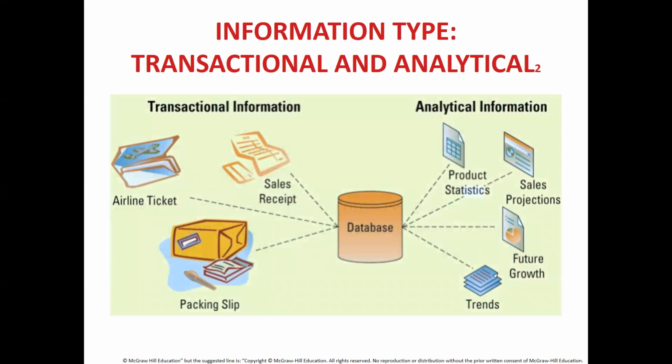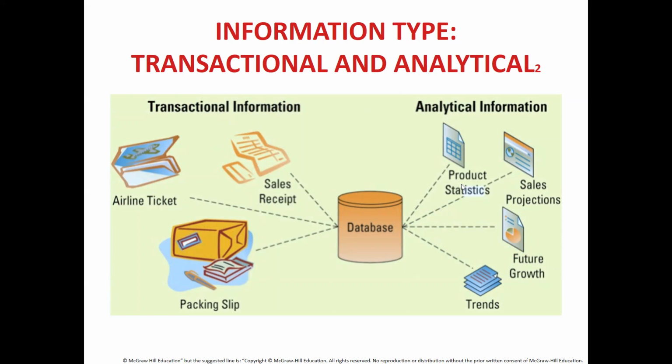So those are some of the things. You have a database, which is right in the middle. This is your database here. And you have your sales receipt, your airline ticket, and your booking slip. These are all day-to-day information, therefore they are listed under transactional information. Now, analytical information is more like you're giving out stats, figures, and trends.